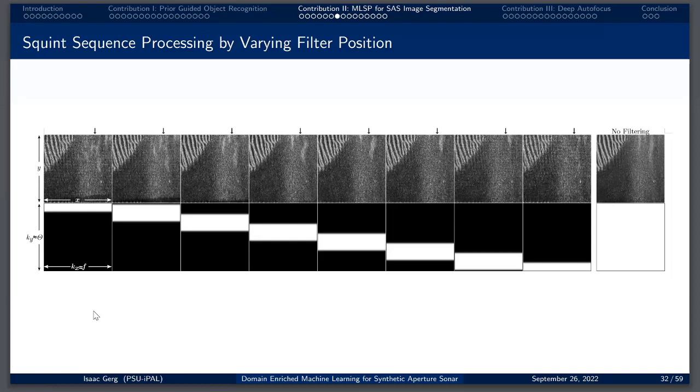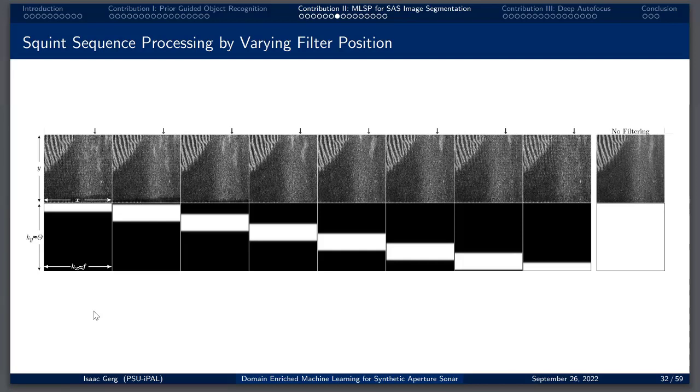And what I want to draw your attention to is this upper right-hand corner here. If I look at the non-filtered image, I see there's like a fuzz up here and I'm not sure what that fuzz is. However, when I apply the processing in this way, what I see is that this fuzz kind of moves. And in fact, this is likely biologics or a fish cloud in the water column. So as the synthetic aperture is moving and collecting data and processing it, these biologics are moving in the water column.